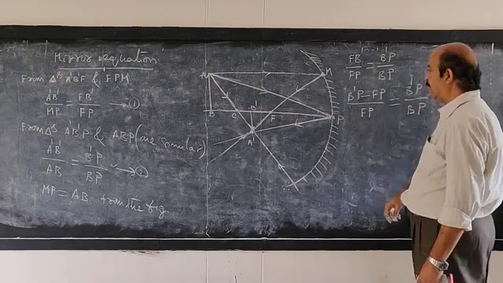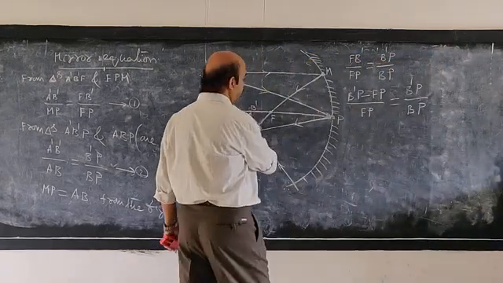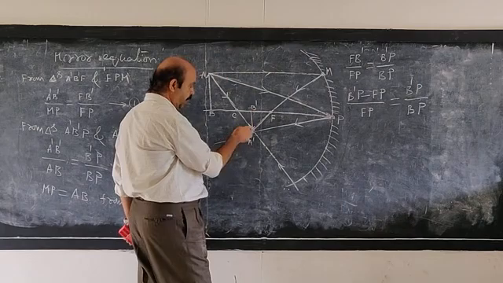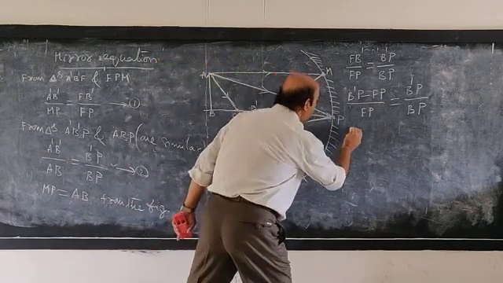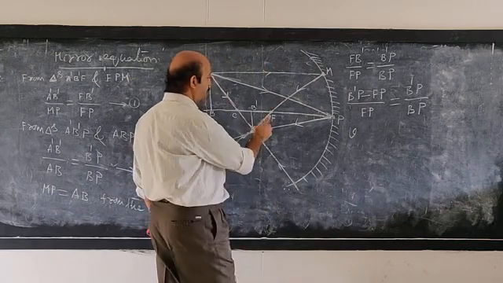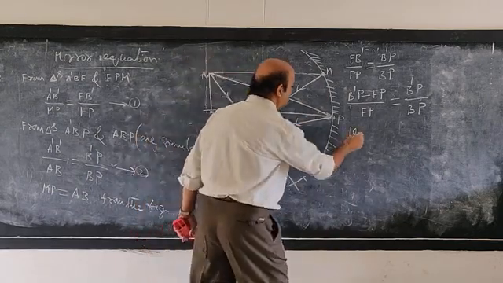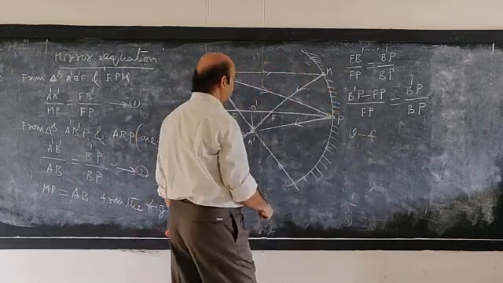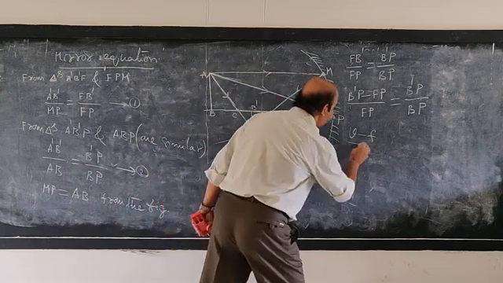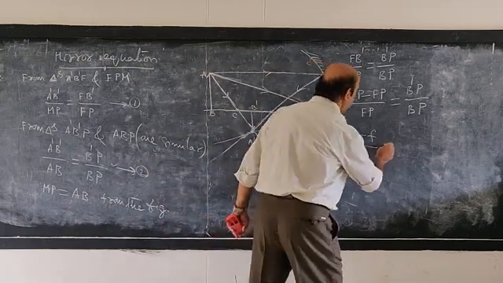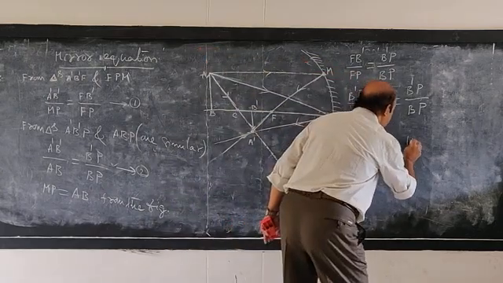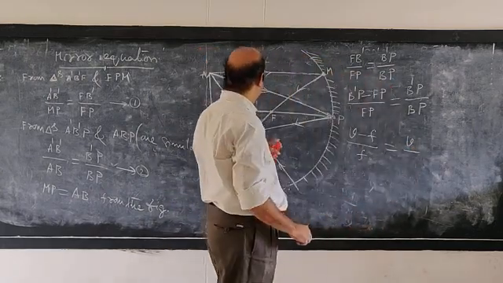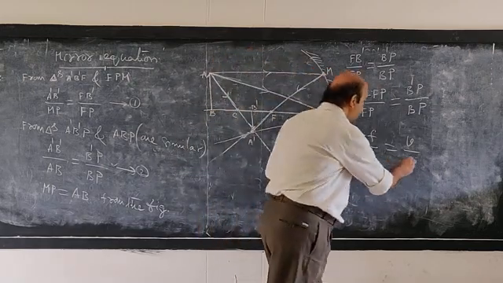Here we know that B dash P, that is pole to image, is the image distance. FP is nothing but the focal length. And B dash P is the image distance V, by BP, that is the object distance.